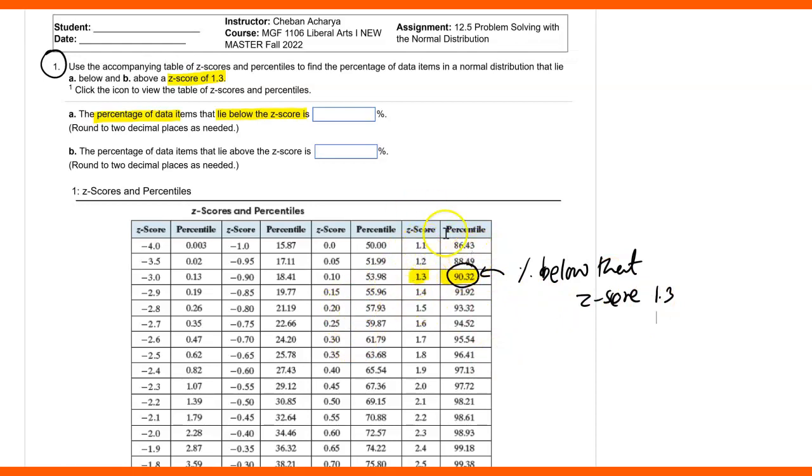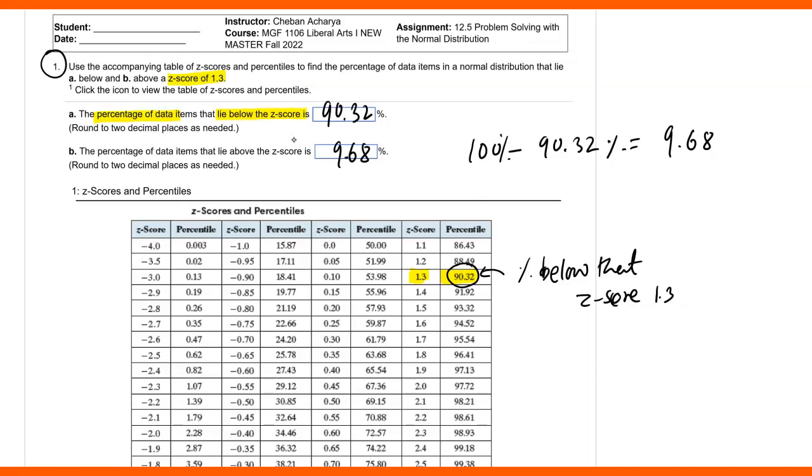Therefore, whatever percentile you have here is below that z-score. So you can answer this question by saying the percentage of data items that lie below that z-score is 90.32, and the percentage of data items that lie above that z-score is 100 minus 90.32. If you subtract, you get 9.68.